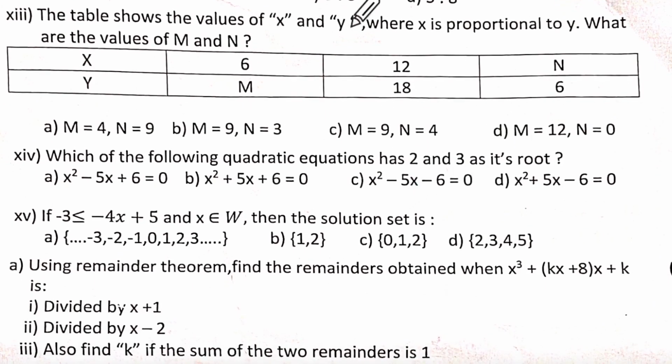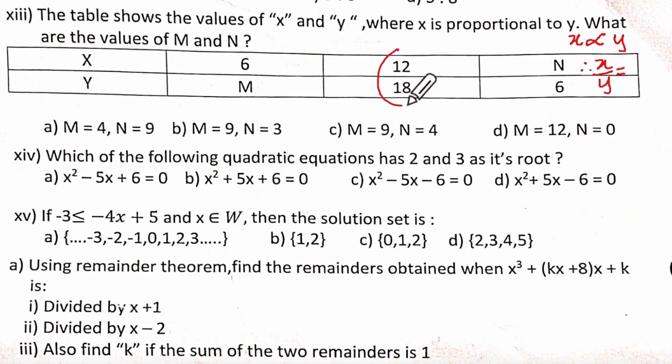The table shows x and y, where x is proportional to y. What are the values of m and n? Okay, so x is proportional to y, which means, if you don't understand, you write this: therefore x upon y is equal to a constant.